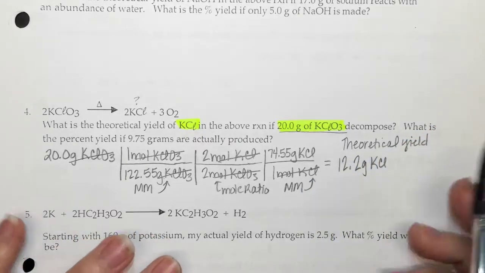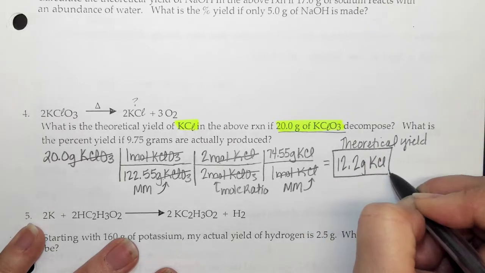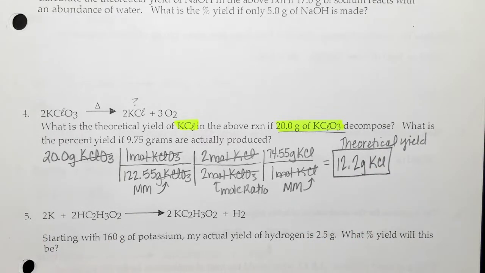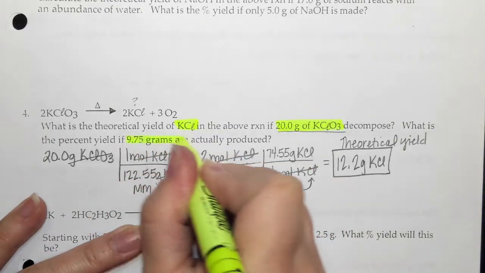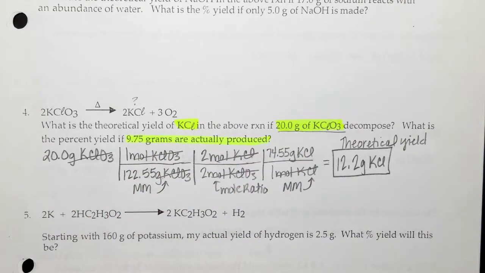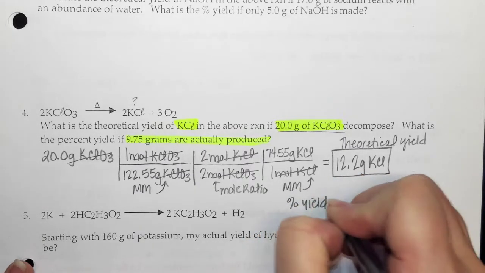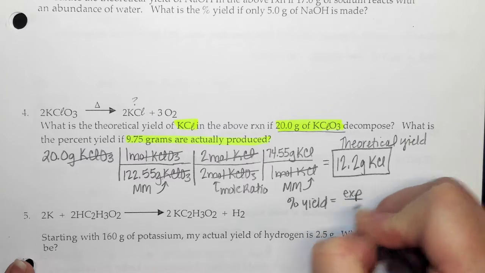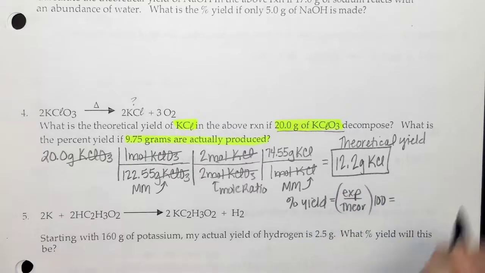I'm going to box that, because this is 2 parts, so I don't want it to get lost in my work. Now the second part of the problem was what's the percent yield if 9.75 grams is actually produced. So percent yield equals experiment divided by theoretical times 100.